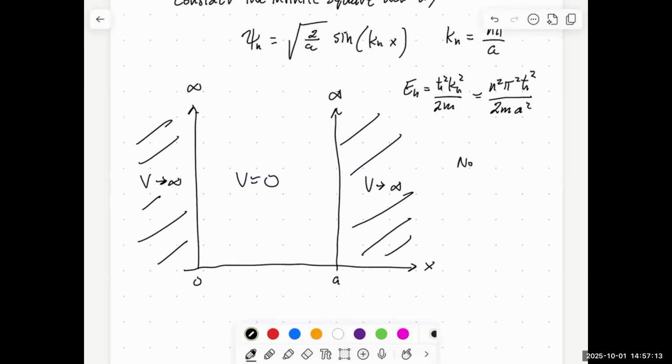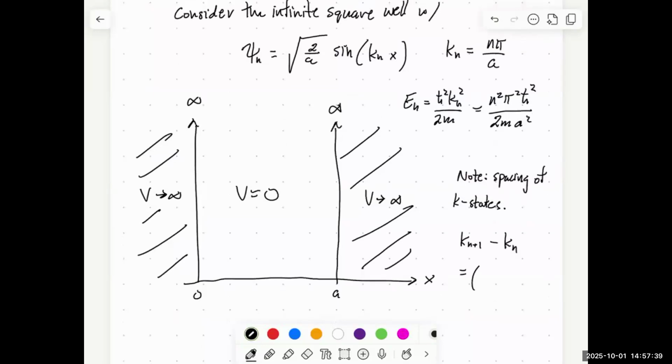If I was to look at the difference between the k_{n+1} value and the k_n value, well, that's just going to be (n+1) pi over a minus n pi over a.